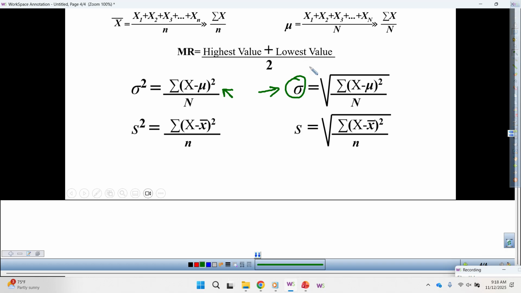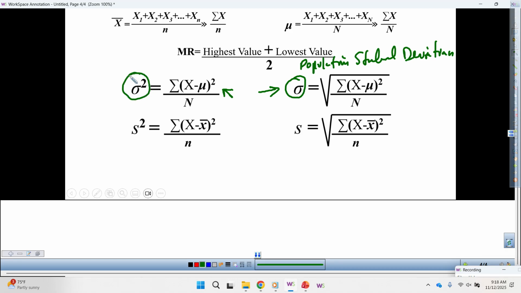What is it? Population standard deviation. So this was population standard deviation. So what is this one?